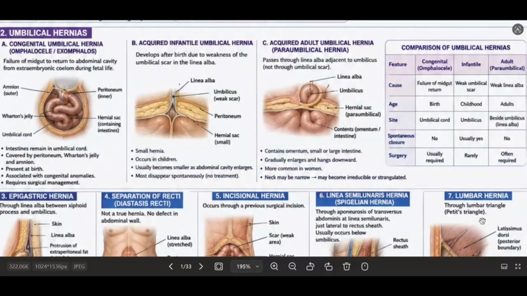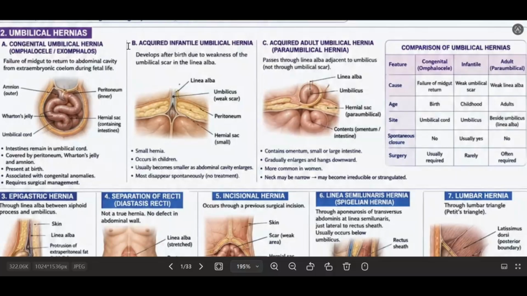Okay. Now the next type of hernia is the umbilical hernia. An umbilical hernia is the protrusion of abdominal contents through or near the umbilicus or navel. Your book describes 3 types of umbilical hernias. The first is the congenital umbilical hernia, which can also be called the omphalocele or exomphalus.